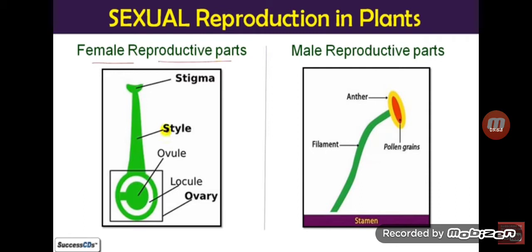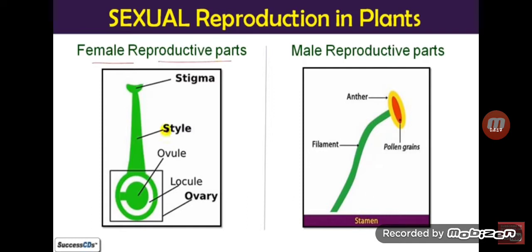Now, the male reproductive part consists of the stamen, and the stamen is divided into anther and filament. Filament is the stalk-like structure of the stamen, and anther is the globe-like structure of the stamen.